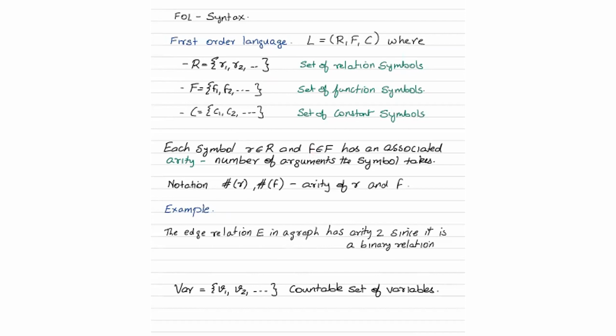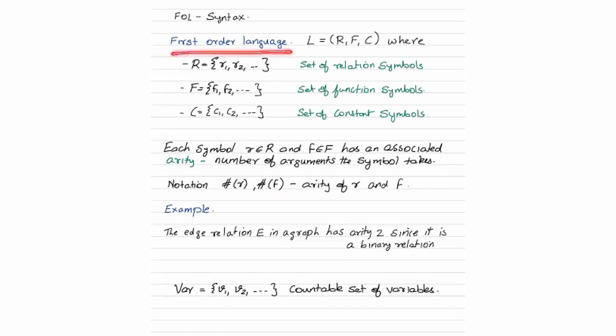This is the typical notation that you use: hash of R or hash of F denotes the arity of the relation or the function. A simple example would be if you take a graph and you're looking at the edge relation, you can now directly encode the edge relation as a parameter in the logic. The edge relation is a binary relation because it connects two vertices.